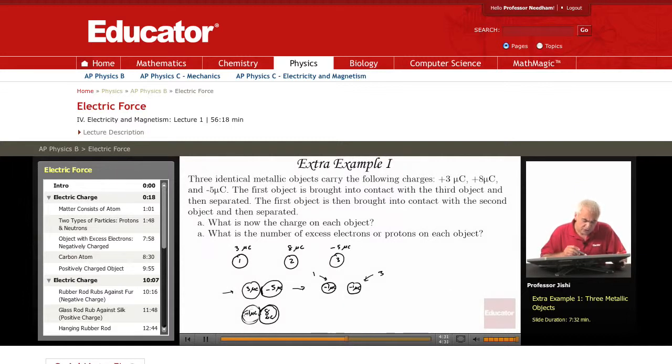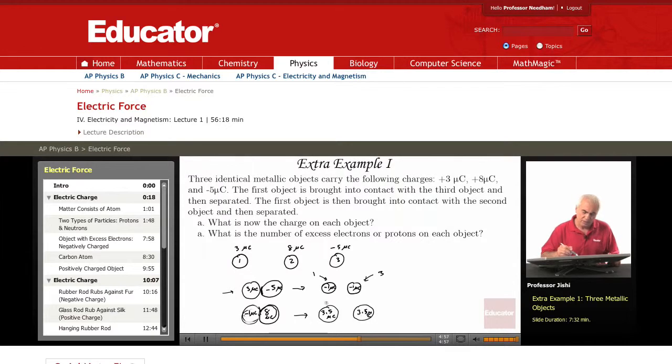So the total charge here is -1 plus 8, that's 7. That's the net charge. So this 7 will end up being divided equally between the two. So we'll end up with 3.5 on one, and 3.5 on the second one.